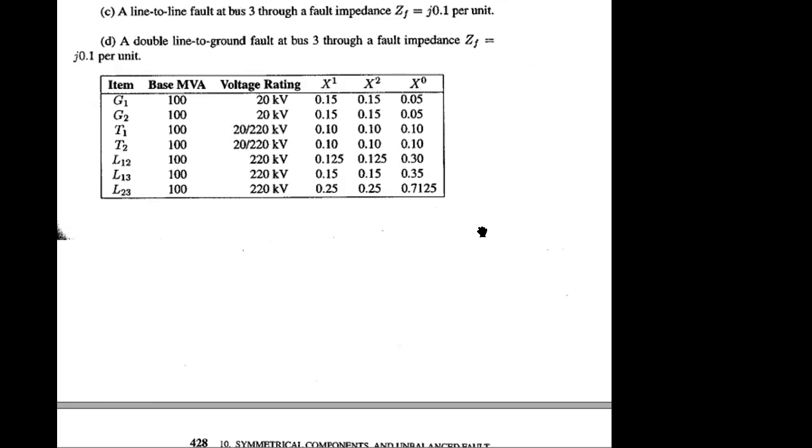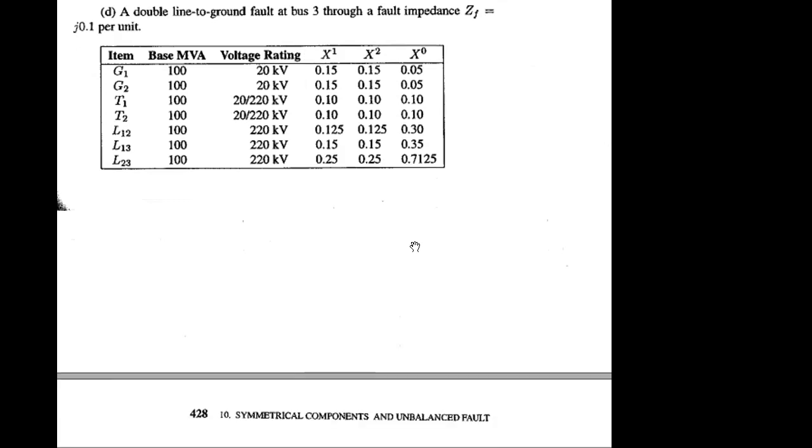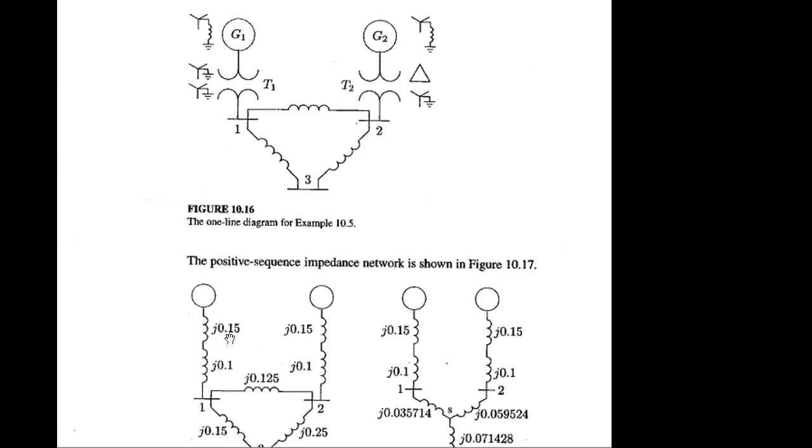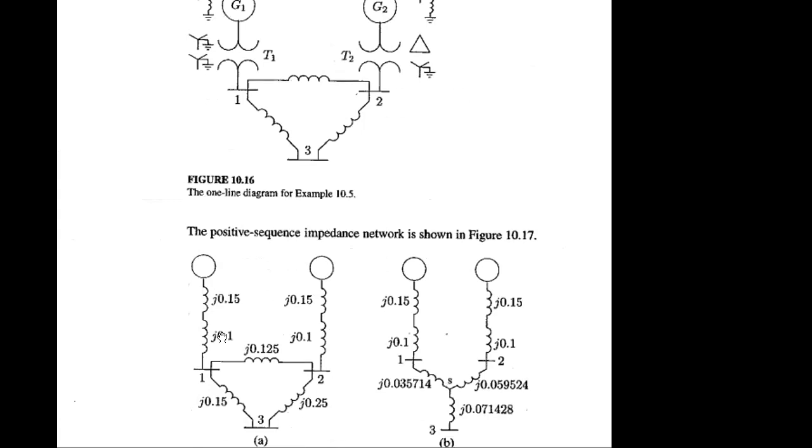Regarding the drawing of the transformer, be especially careful about the zero sequence transformer circuit drawing, the equivalent drawing. This is the single line diagram, and the lower part is the equivalent impedance diagram, right? And it is the positive sequence impedance.